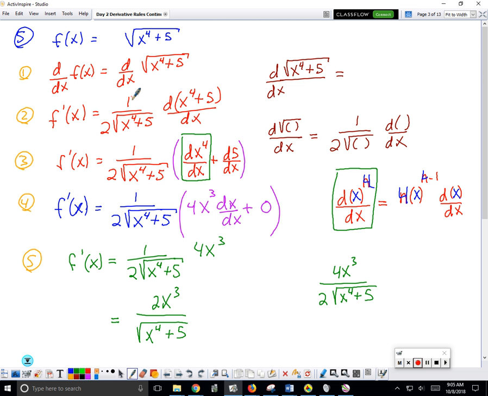Step number 2 is I use the square root rule. So the rule says d dx, derivative of, square root of something is equivalent to, or can be rewritten as, 1 over 2 square root of the something, derivative of the something. So that's how I got to step 2.